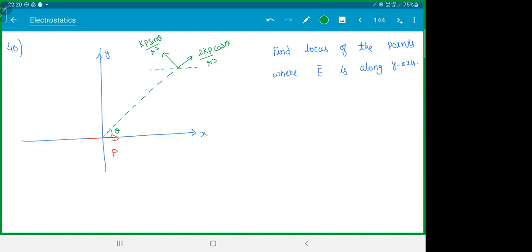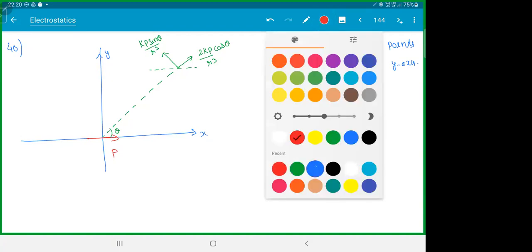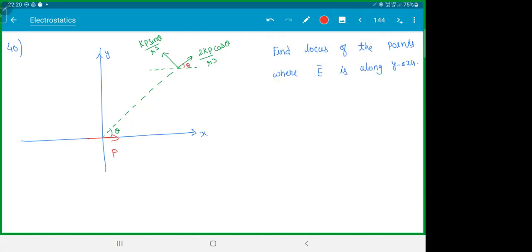See, when you say the field is in the vertical direction, this is theta, this is 90 minus theta. What does it mean? The horizontal components cancel out, right? If E bar is along y-axis, means horizontal component should cancel out.